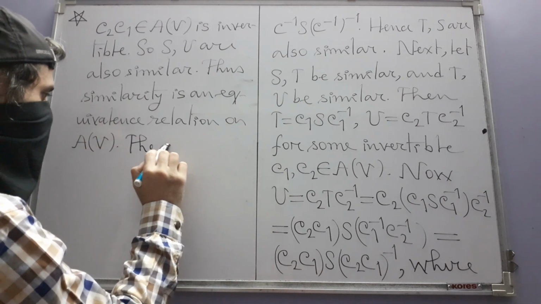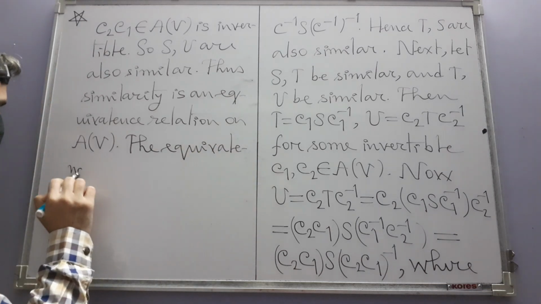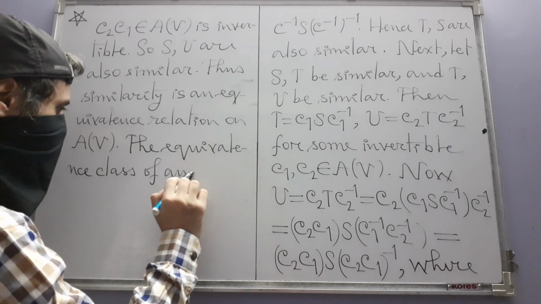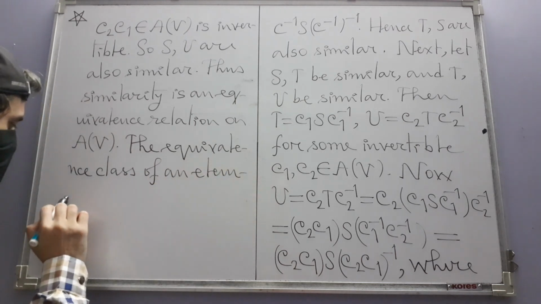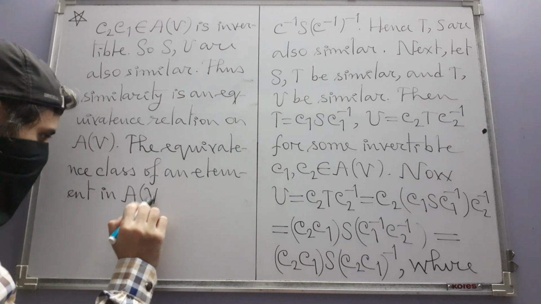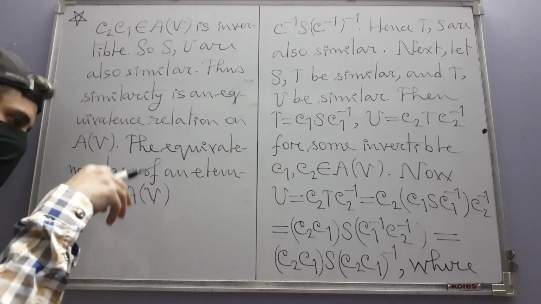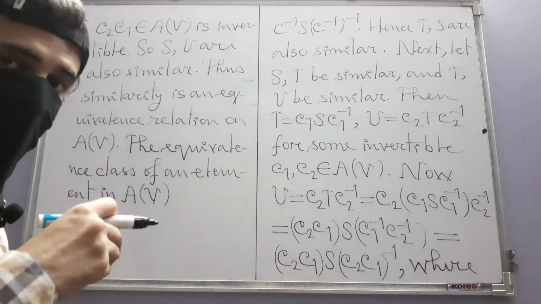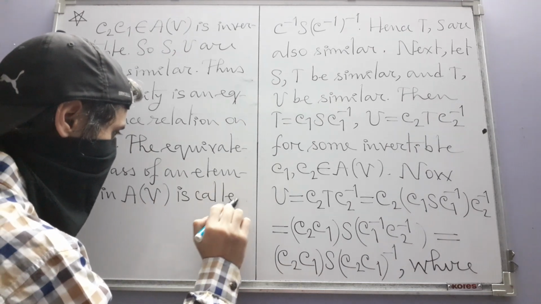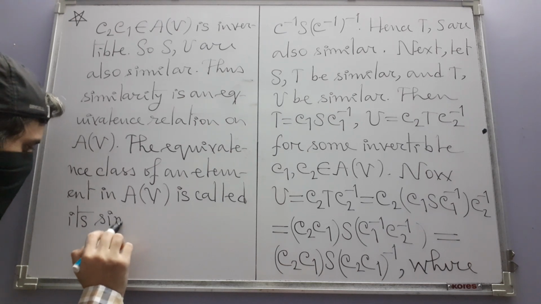The equivalence class of an element in A of V, that means the equivalence class where the operator lies, is called its similarity class.